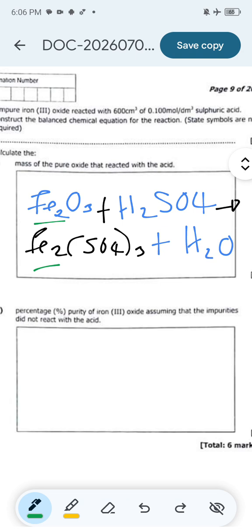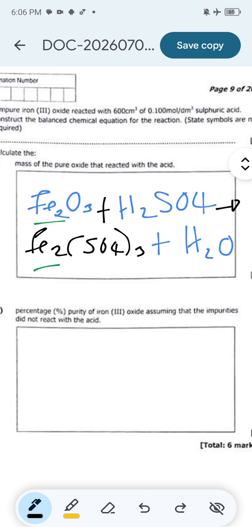So how are we going to balance the atoms of oxygen, because they are different? Hydrogen is just okay. So how are we going to balance this equation?